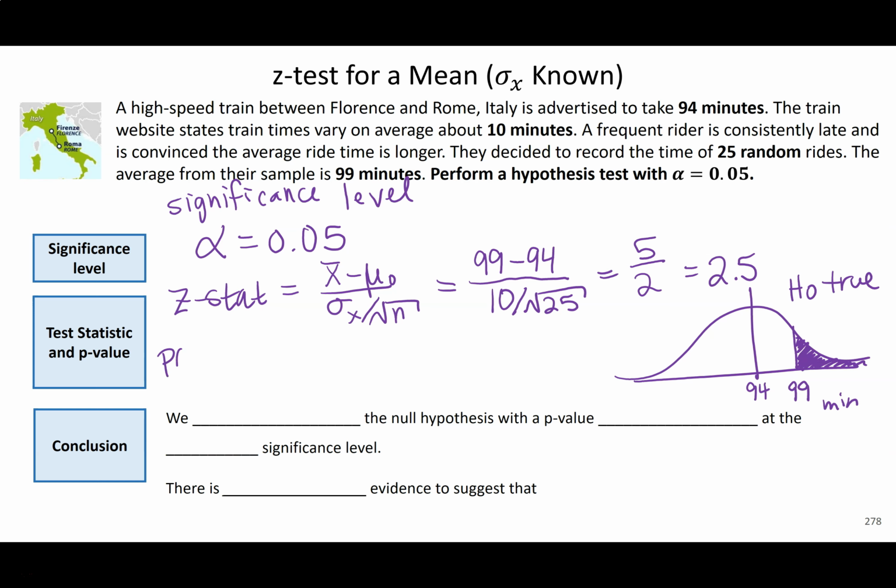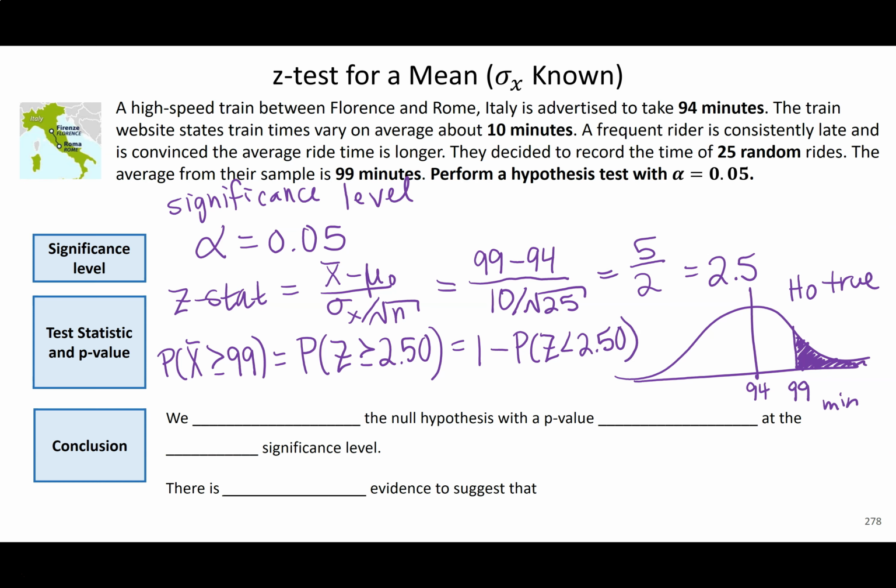So we want the probability that x bar is greater than or equal to 99. That's the probability that z is greater than or equal to 2.5. I'll throw in the 0 there. So remember, if you're following along with the z-table, you're going to need to do that 1 minus bit. 1 minus the probability z is less than 2.5. Let me see, what do I get here?